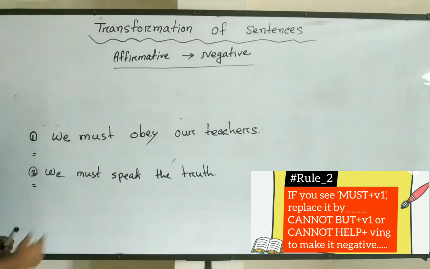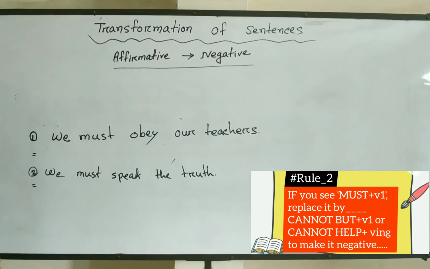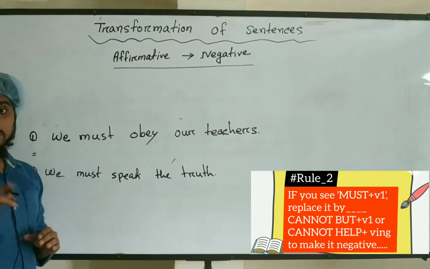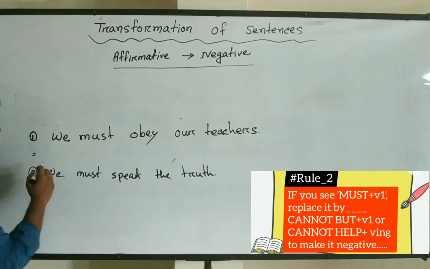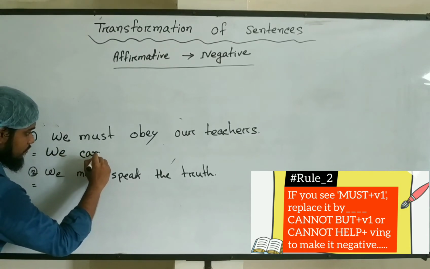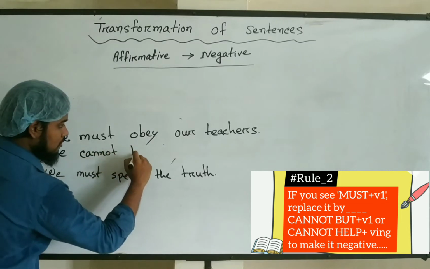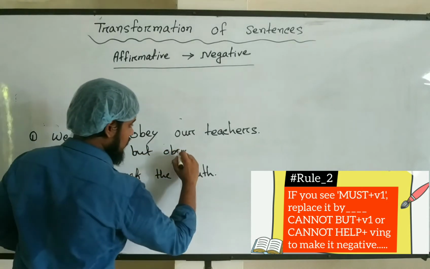We must obey our teachers. Here you can see must. So we know we need to use cannot but or cannot help instead of must, right? Let's do this. We cannot but obey our teachers.